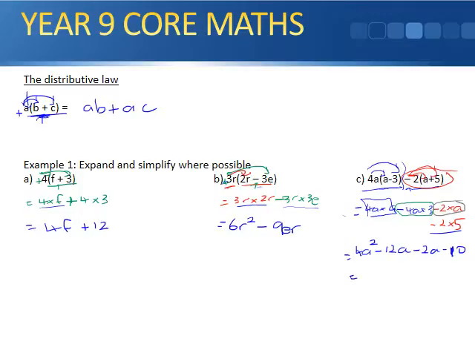So we've got to collect like terms. Now these two have got A's in them, so we have to work them out. So we get 4A squared, negative 12A minus another 2 is negative 14A, and we still have the minus 10.